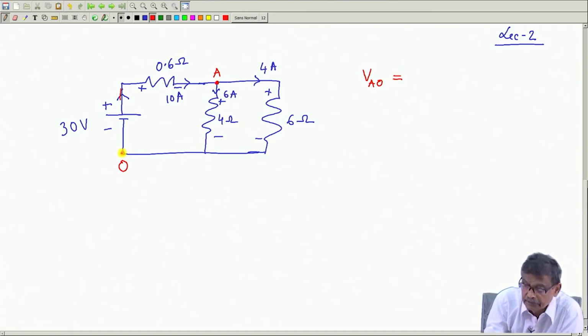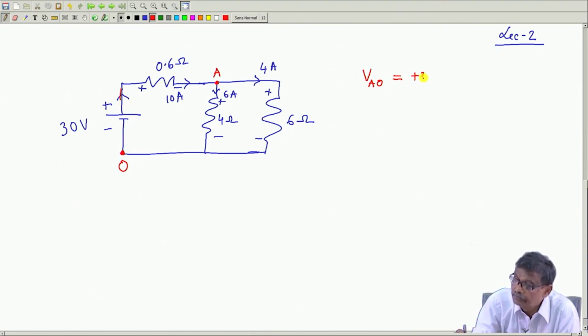So, I will start my journey from O. From this I am going like this. So, from this to this there is no voltage drop, no resistance in this path. Then from this to this there is a voltage rise, minus to plus. So, write plus 30 volt.